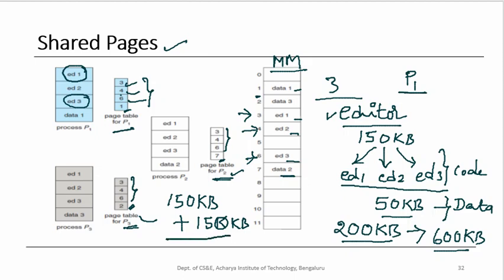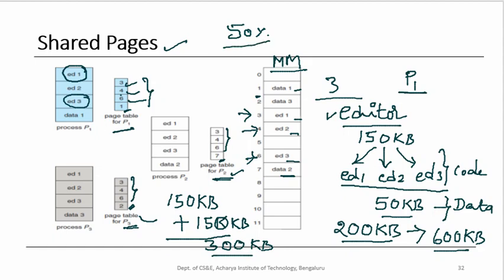So we have only allocated 300 KB of memory instead of 600 KB. That means in this specific example, we have saved 50% of the memory.